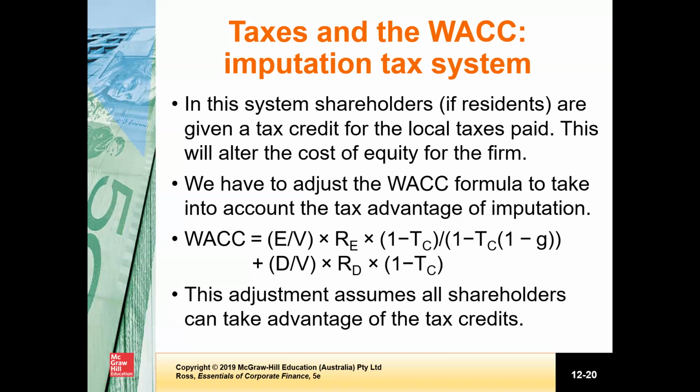So the adjusted weighted average cost of capital is this. You can see previously we just had the cost of equity multiplied by its weight. Now we multiply it by 1 minus tax rate and then again divide by 1 minus tax rate into 1 minus growth rate. These adjustments assume all shareholders can take advantage of tax credits.